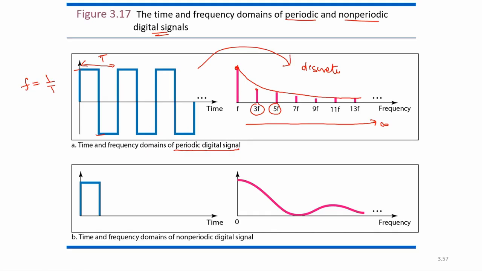If the digital signal is non-periodic, then in the frequency domain it will be continuous. It is similar to the analog signal: when the analog signal was non-periodic, its frequency domain was a continuous signal. The same is the case for digital signals.